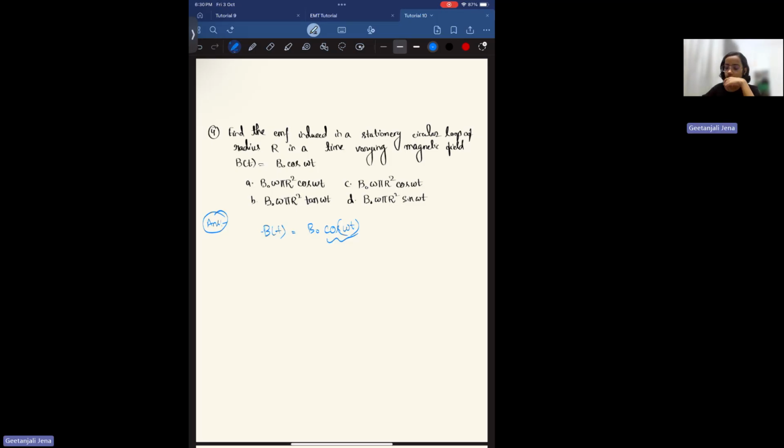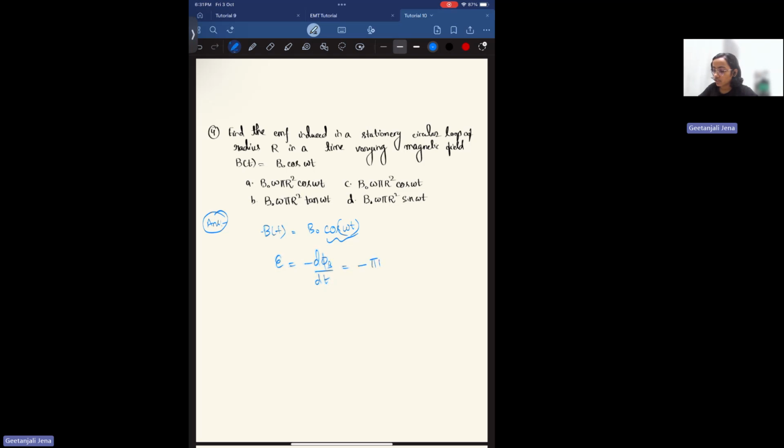Okay, so it is related to the change in magnetic flux. So the EMF you can write as minus dou phi B by dou t. It's a circular loop, that means the area you can write as pi r square. And the area is not changing, only the magnetic field is changing.